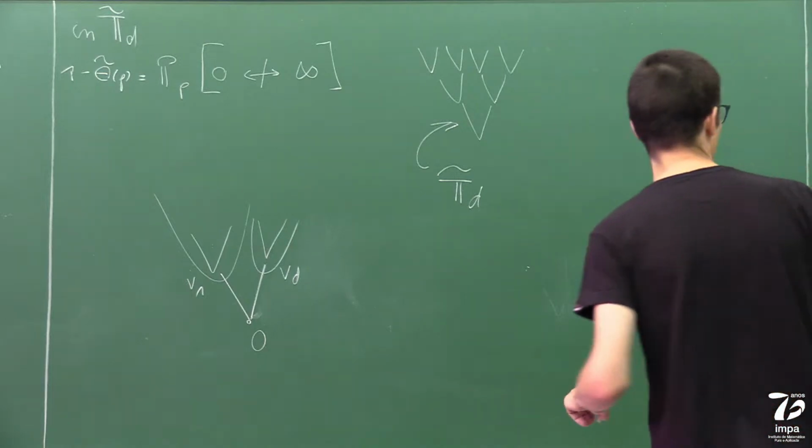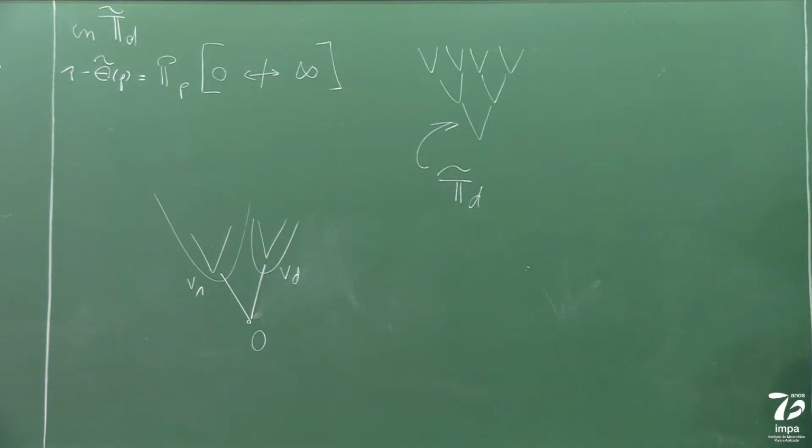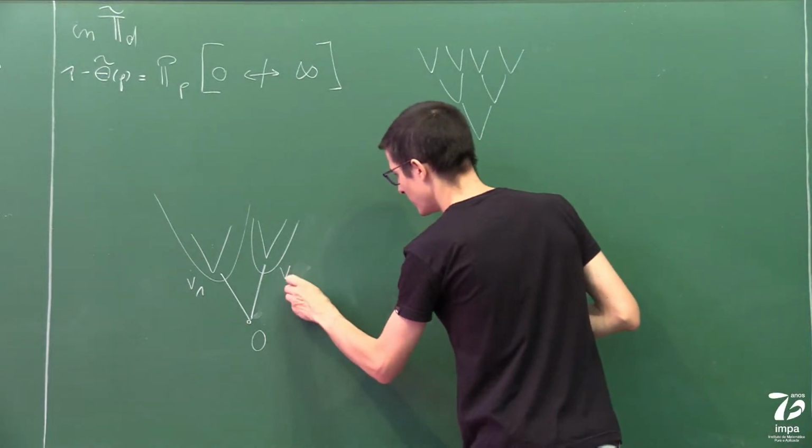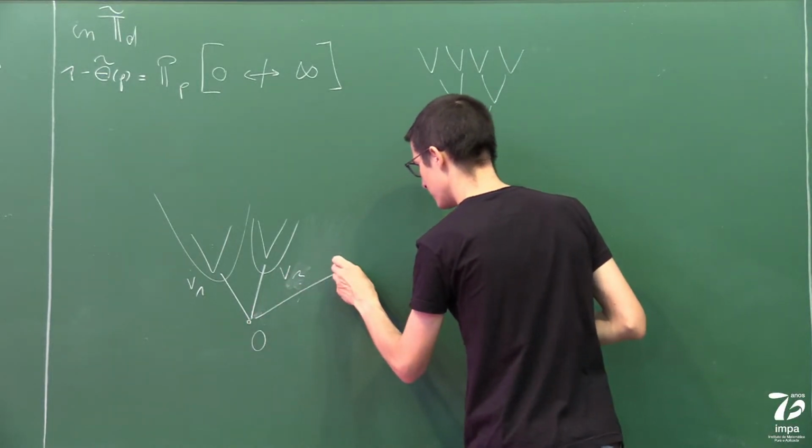So now what should happen for me not to be connected to infinity? Let's do it for 3. It will look more general.